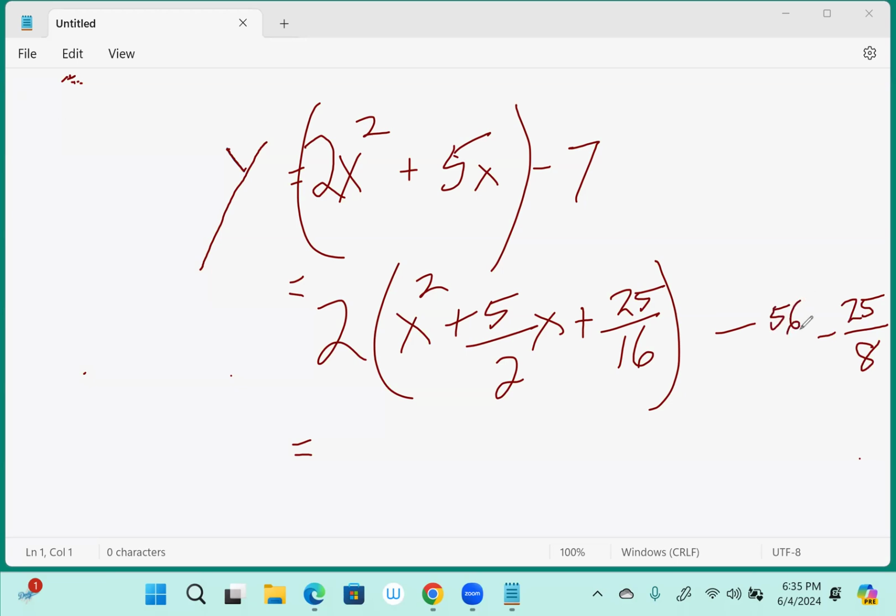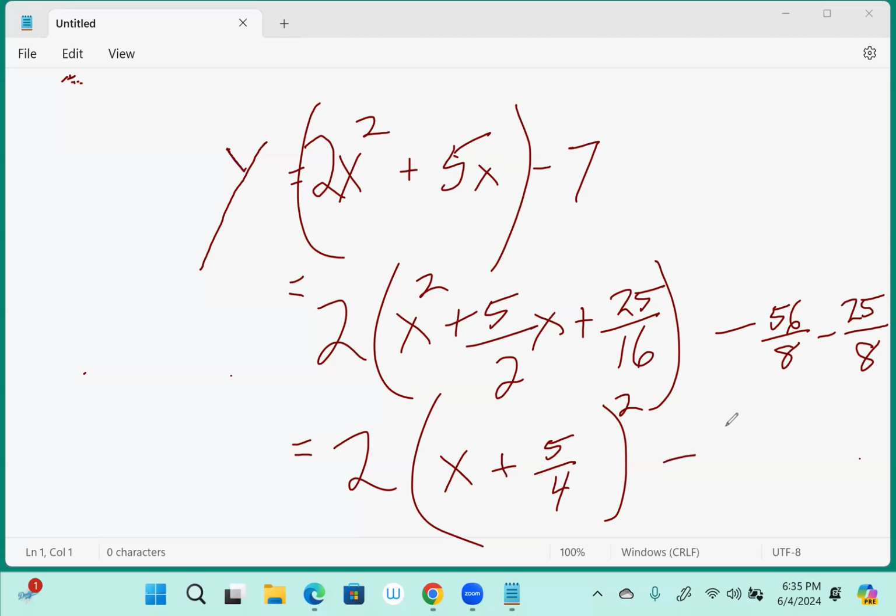Another situation where knowing your basic arithmetic is really good. And so what do we have for a final answer here? So what we have is 2 times (x plus 5/4) squared.